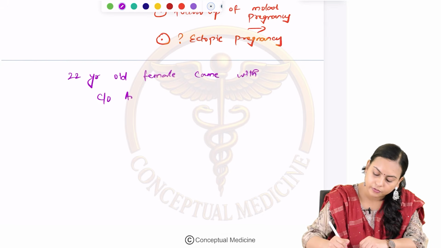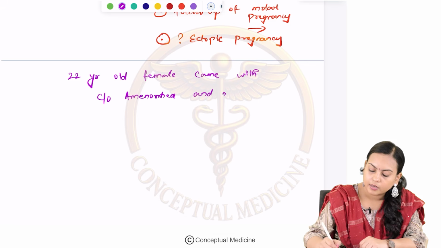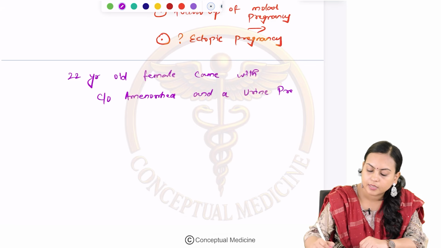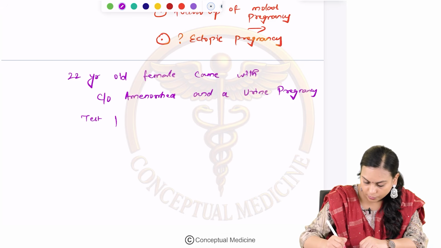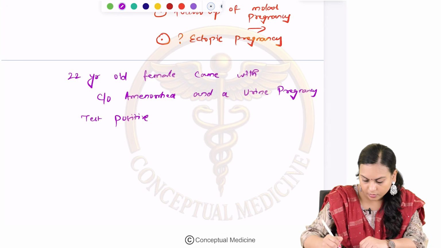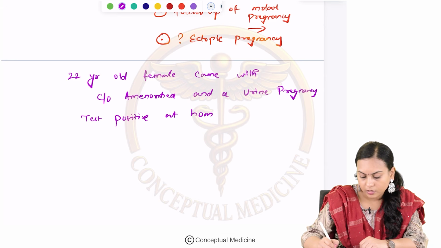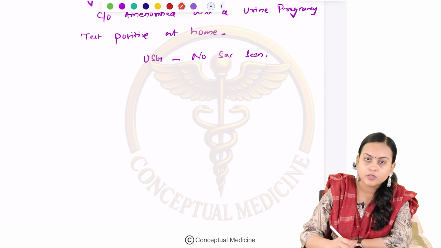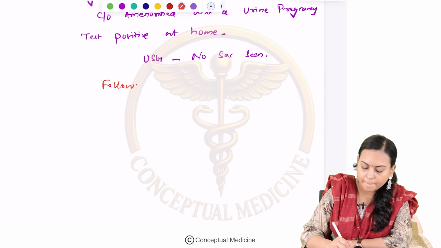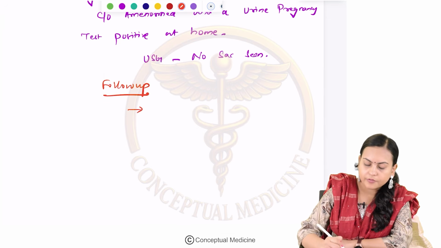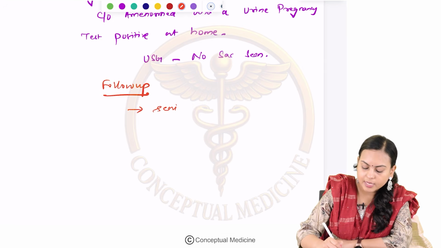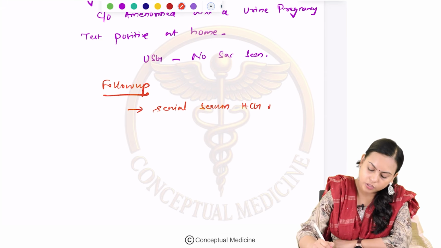Now, we will see a case scenario, like say a 22-year-old female came with complaints of amenorrhea and a urine pregnancy test positive at home. Okay. So, how will we follow up this woman? We have to do serial serum HCG monitoring.